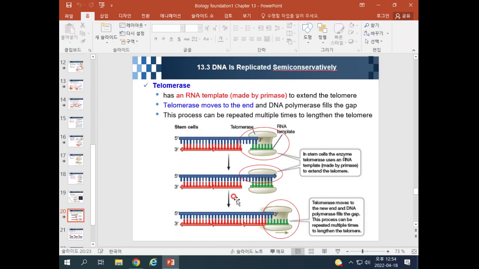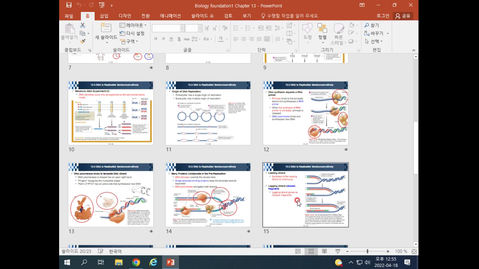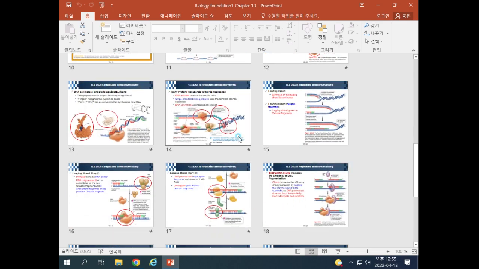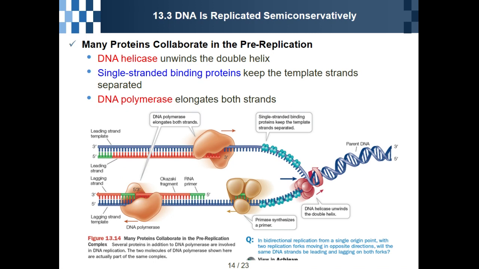So first of all, we learned that at the initial step, helicase, after that single-stranded binding proteins, after that primase makes the RNA primer like this.